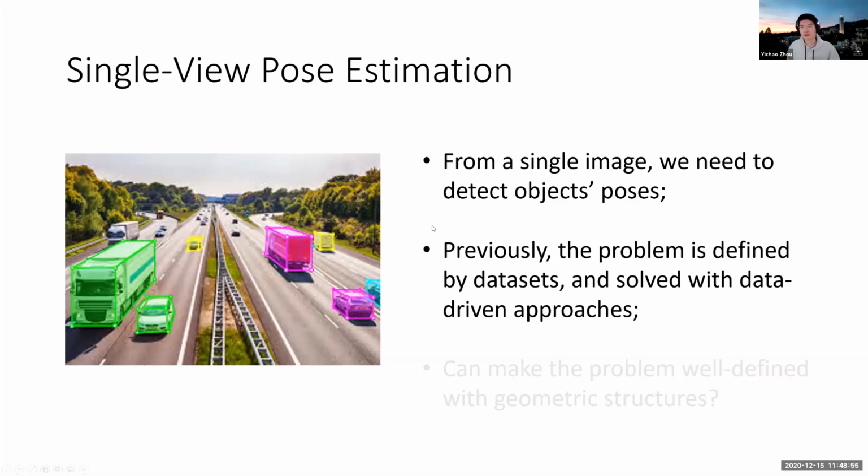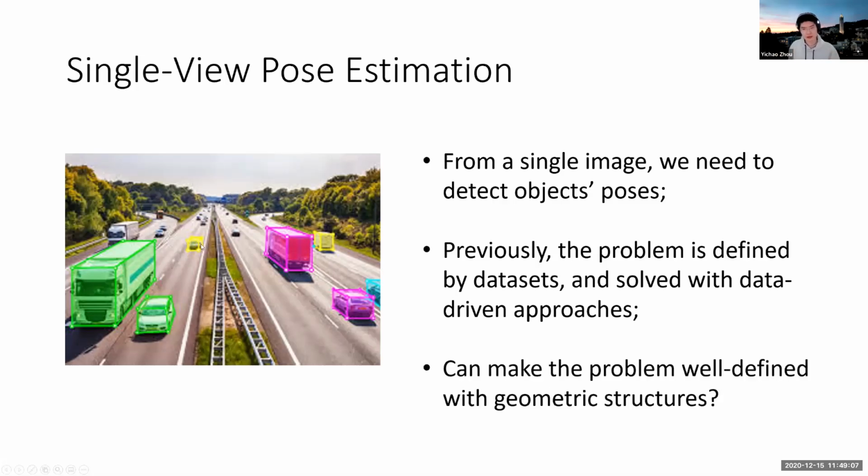So how do you solve it? Of course, you use a data-driven approach, like a convolutional neural network, Mask CNN, things like that. You add a branch to predict the bounding boxes from image patches. But could you make this problem more well-defined with geometric principles? Because if you want to solve it with a geometric approach, you need to define it in the language of geometry.